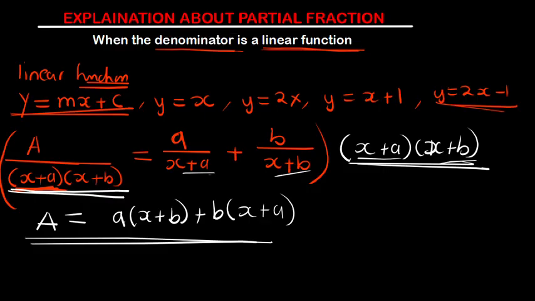Okay, now let's go to an example that we can solve so that we can check it out. Just imagine you have a function like this: 11 minus 3x over x squared plus 2x minus 3. What do you do when you have been given a function like that?